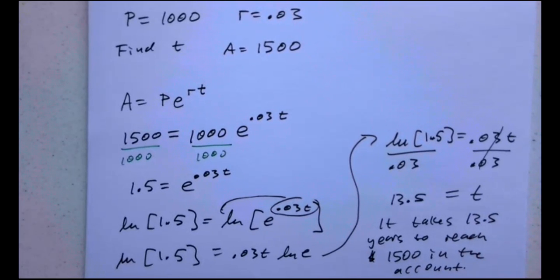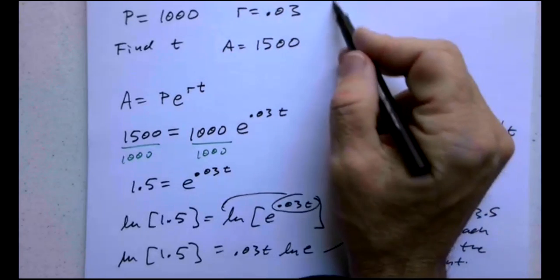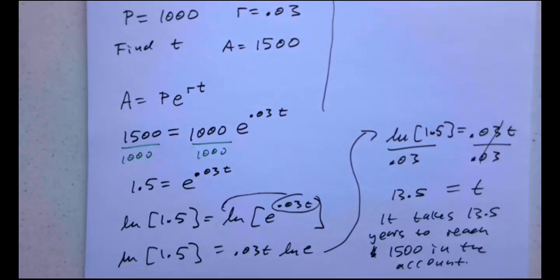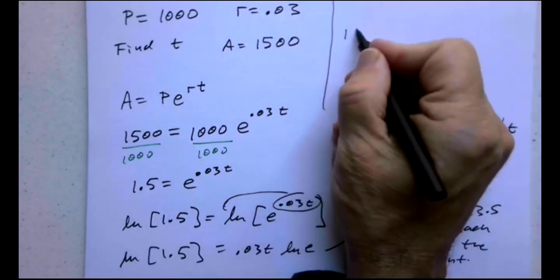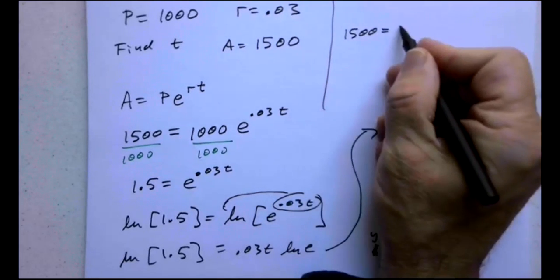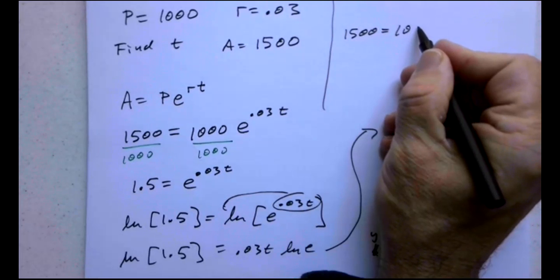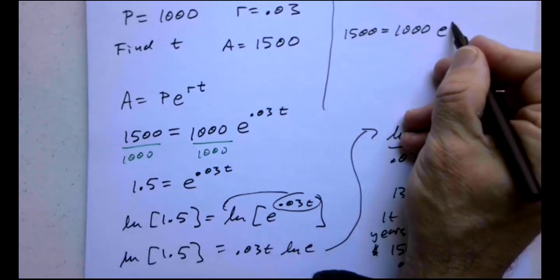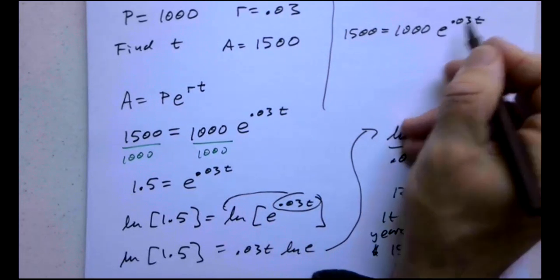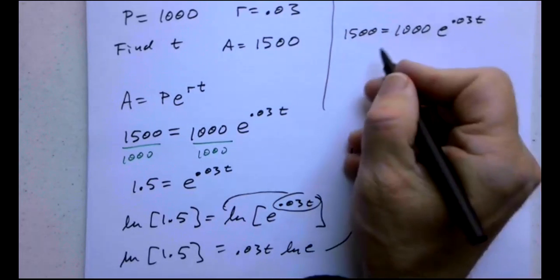Now we can try to solve this on the graphing calculator. Remember, here's our question. 1,500 equals 1,000 e to the 0.03t. Let's subtract the 1,500 from both sides.